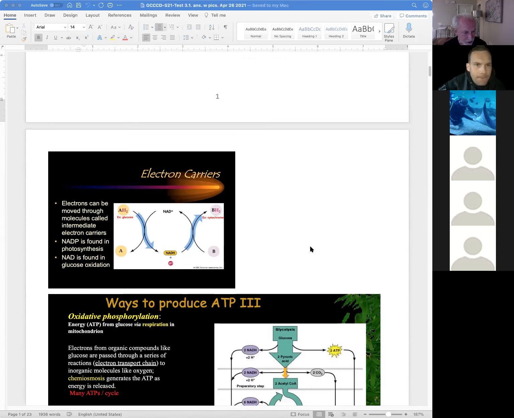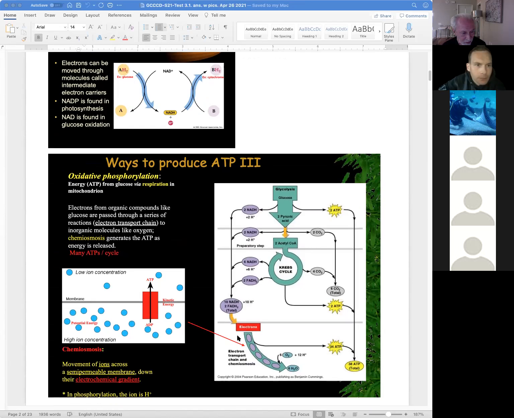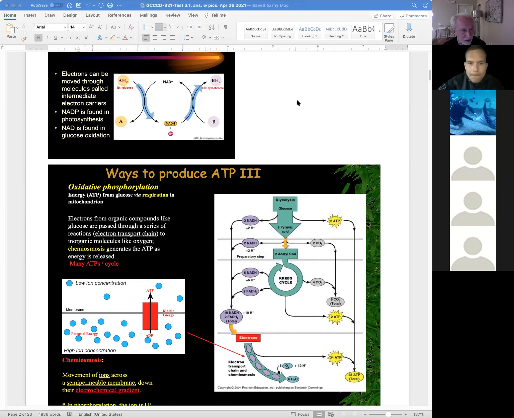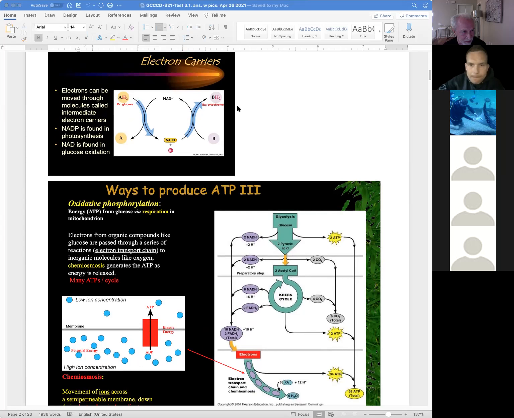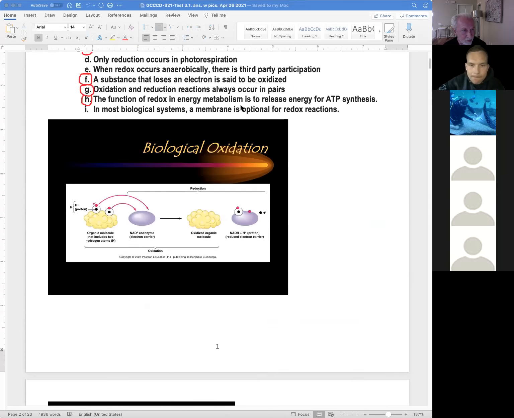It's a coupled reaction, and how the electron transport chain, which you see in this figure, is nothing but a series of these things, of oxidation, reduction, handoffs.